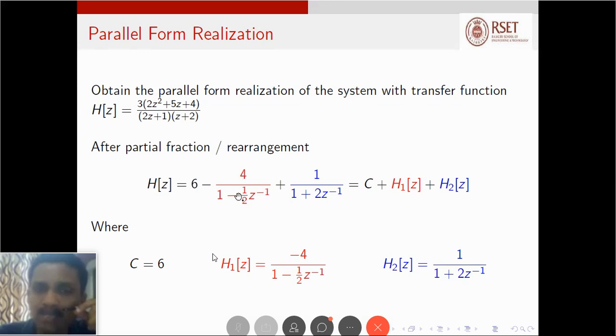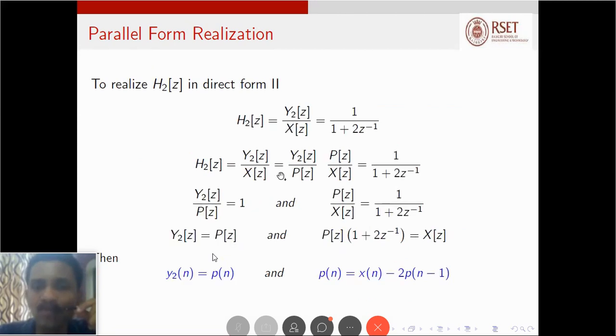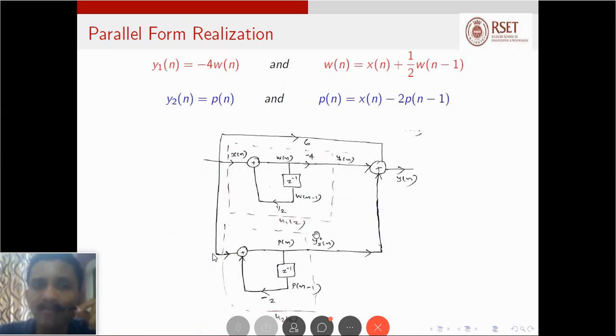This is the h1 of Z part, this is the h2 of Z part, and this is the constant 6. So if you introduce the parallel form realization, you can see the constant part, the h1 of Z part, and similarly the h2 of Z part. This is the parallel form realization.